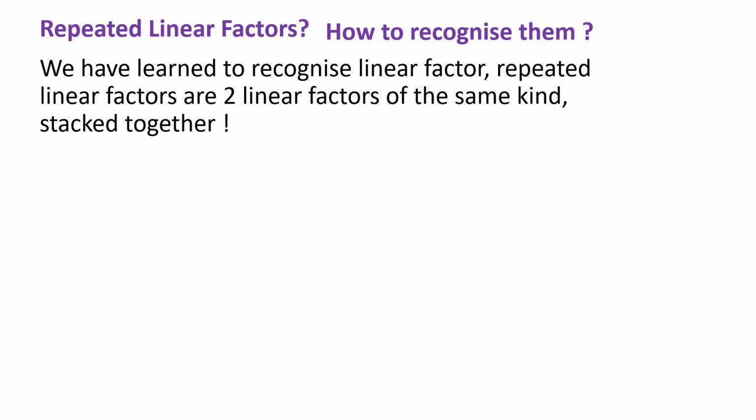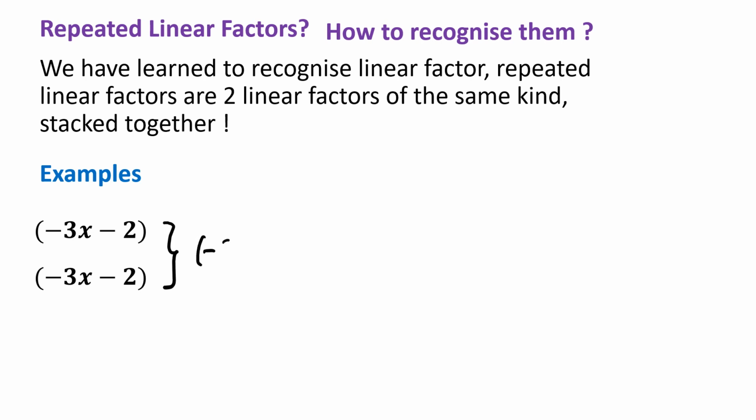What do we mean? Let's have some examples. Supposing you have this linear factor -3x - 2, and we have another of the same kind. If you put them together, that will give you (-3x - 2)^2. That is what is meant by repeated.